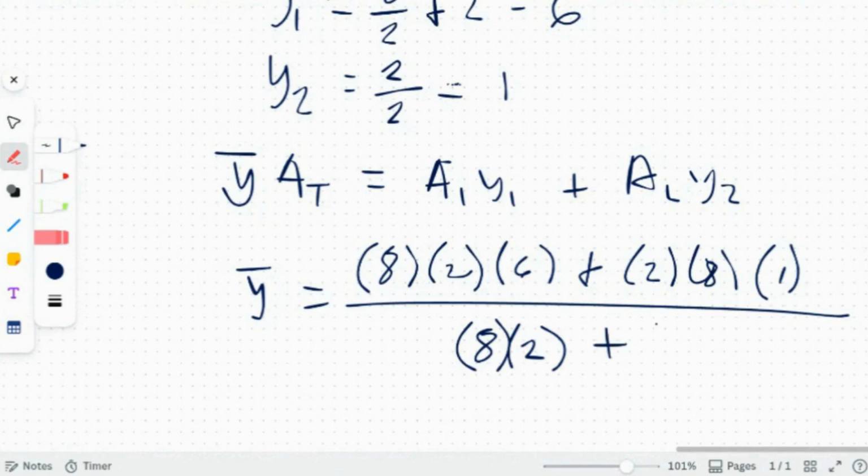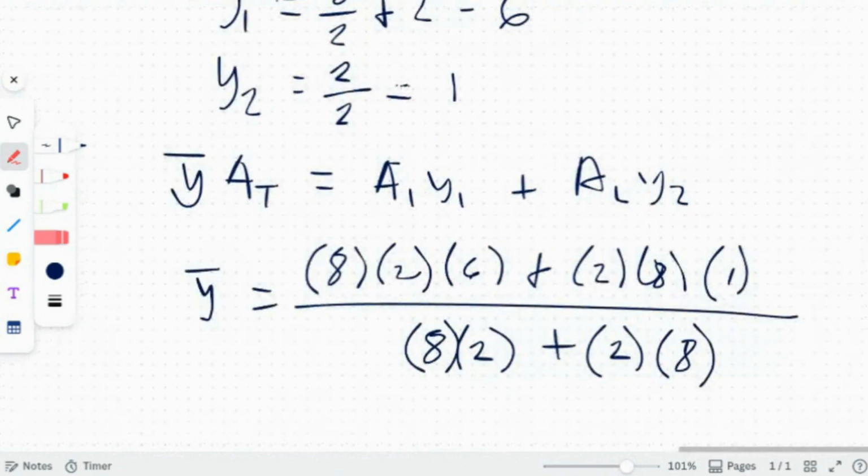Y bar is actually equal to 16 times 6 plus 16 times 1 divided by 32. It's 3.5 inches.